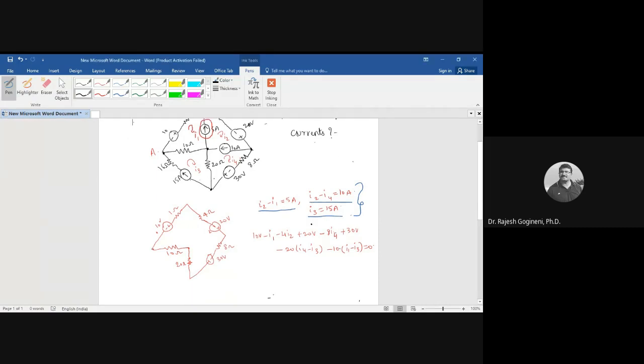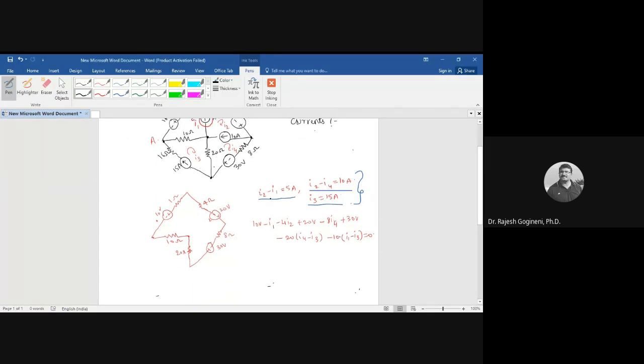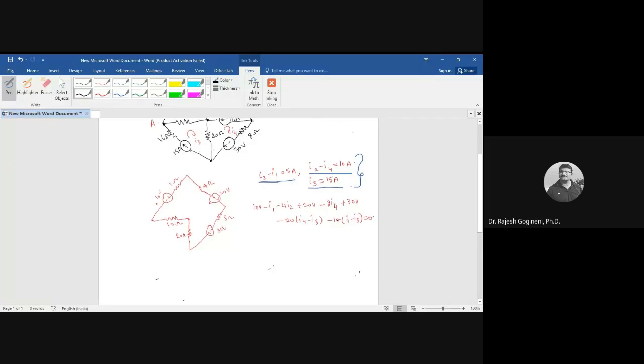I have given the related equations: I2 minus I1, I2 minus I4, I3. So you can convert by using these relations. The one KVL equation we have already written, so we can convert this equation into an equation of a single variable, that is I1.